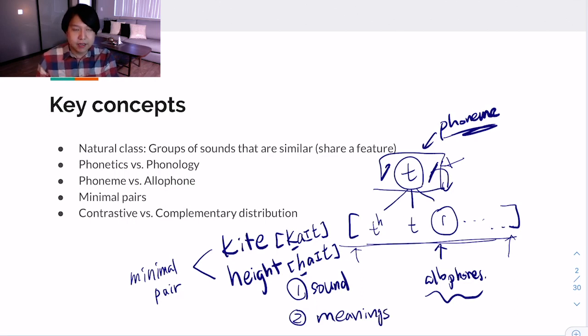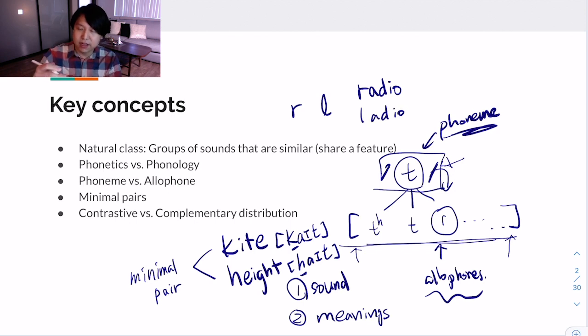For example, in the Korean language, there is no distinction between R and L because they are a single phoneme in Korean. So when you say a word like radio, in Korean, you can pronounce this word using R, or you can also read that word using L. Radio, radio. They are also a pair of two words that sound the same, except the sound at the beginning.